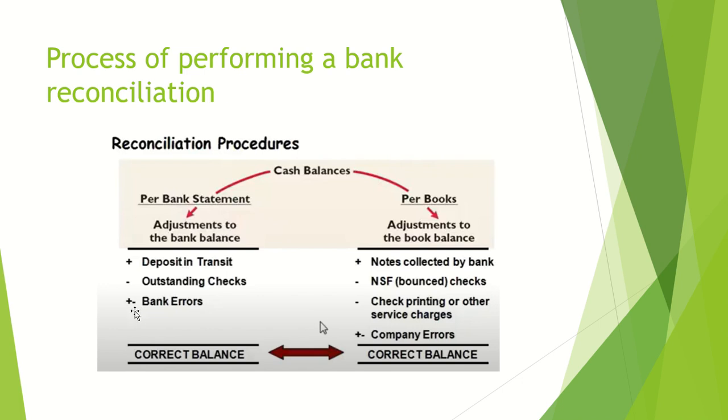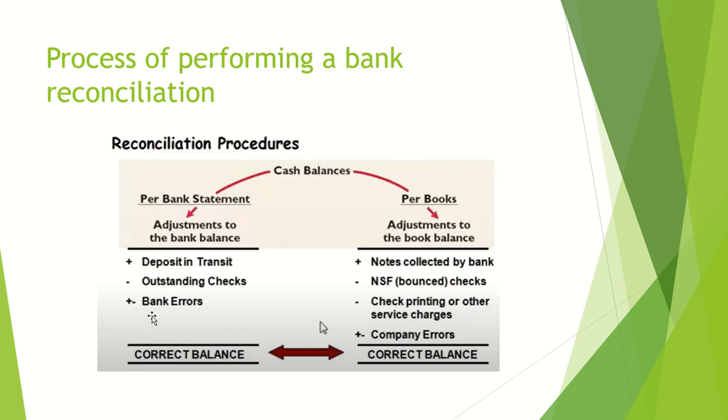Then after that, you're going to either add or subtract any bank errors, because banks do make mistakes. I know from experience when performing bank reconciliations, I've had to contact the bank to clear up some things. For example, there may be a check that was for $1,000, but they recorded it as $10,000. They added an extra zero.